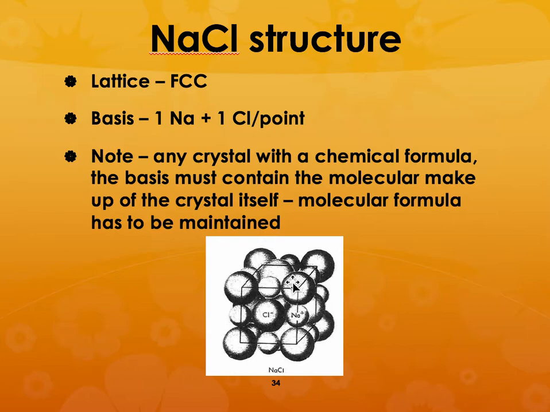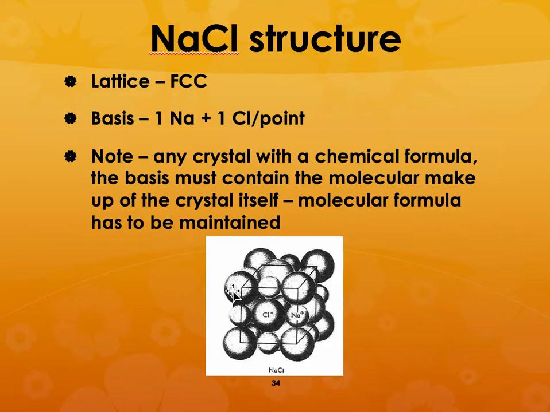Sodium chloride: the basis is one sodium plus one chlorine. If it is FCC, there should be 4 basis groups in each unit cell. This is a little complicated to understand, because there are actually atoms in the other points also.